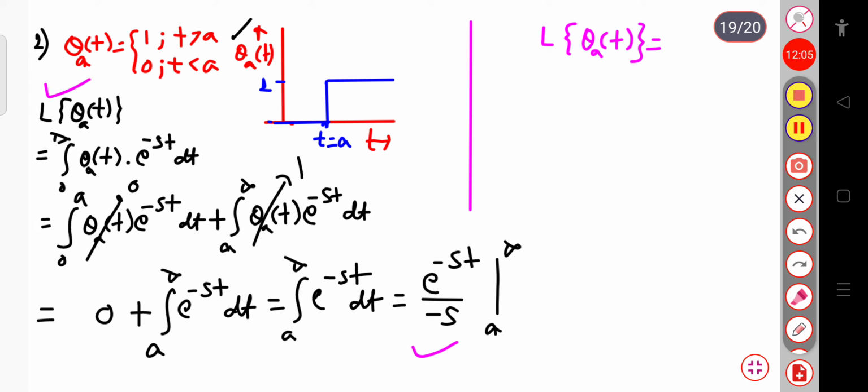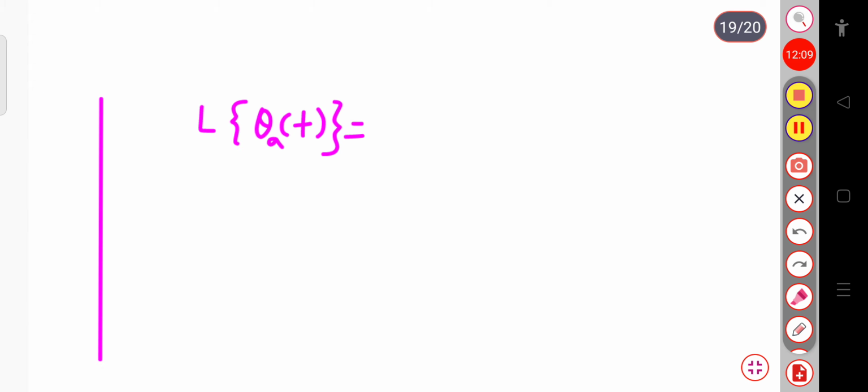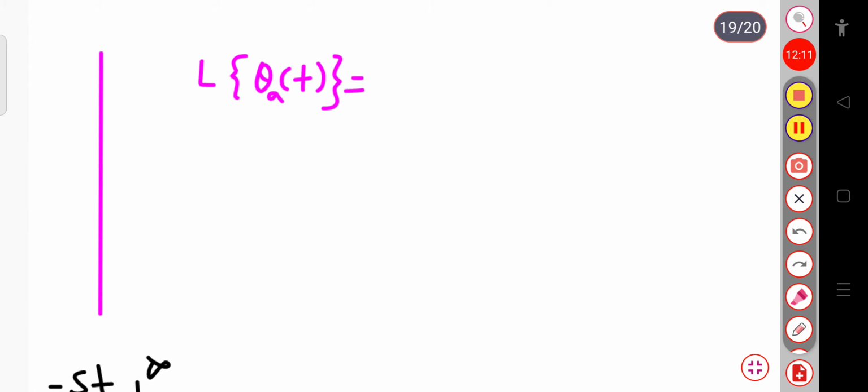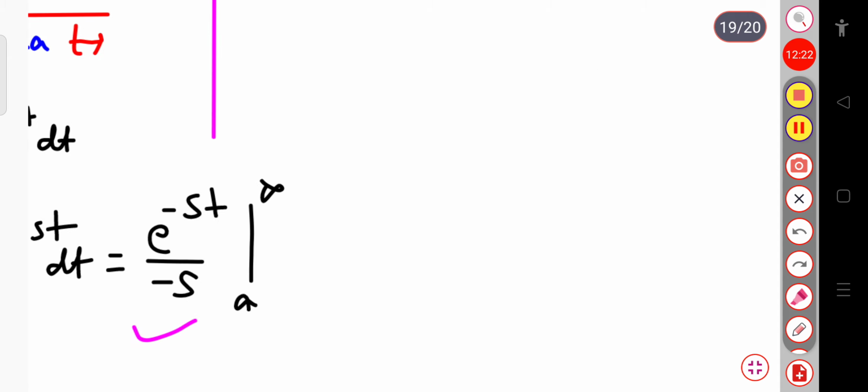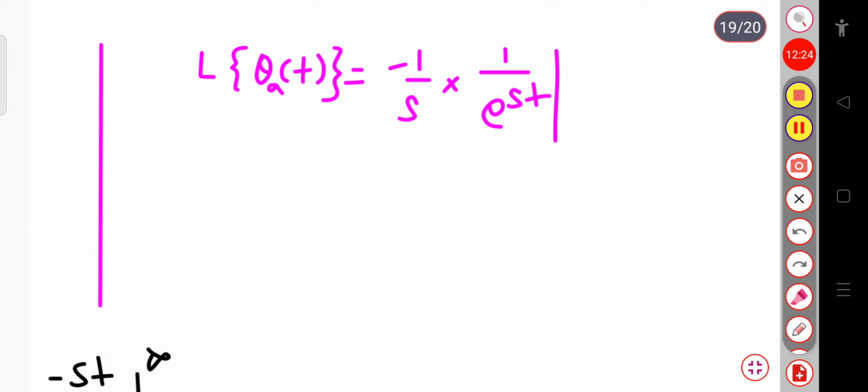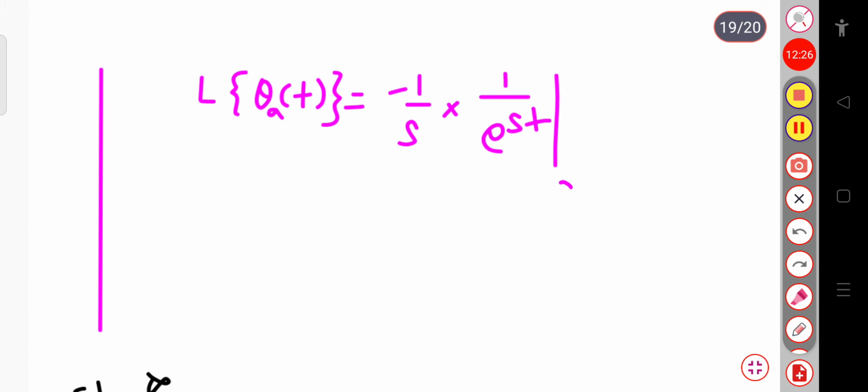So if I write minus 1 by s first, this will be equal to minus 1 by s into 1 by exponential st, and the integration we have to calculate from a to infinity.